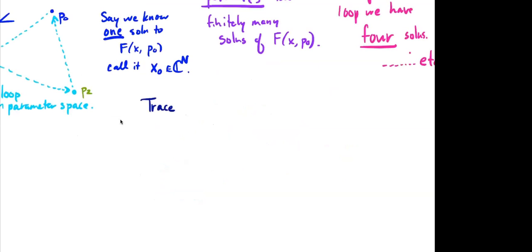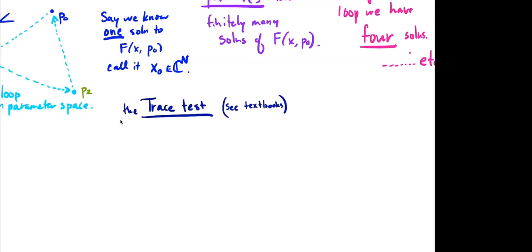So the trace test. I'm not going to talk much about this, but see textbooks or papers. I think, okay, the trace test is a way to determine whether you have points on an irreducible component.